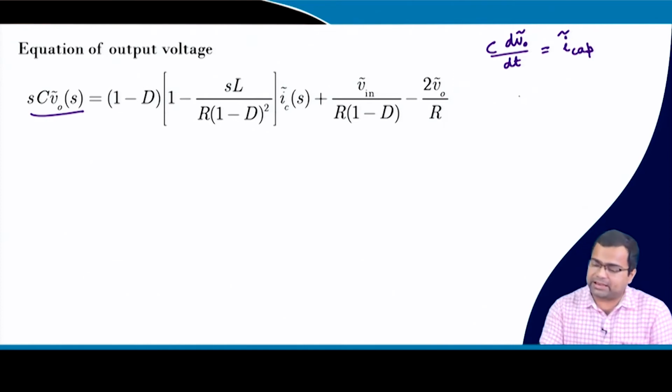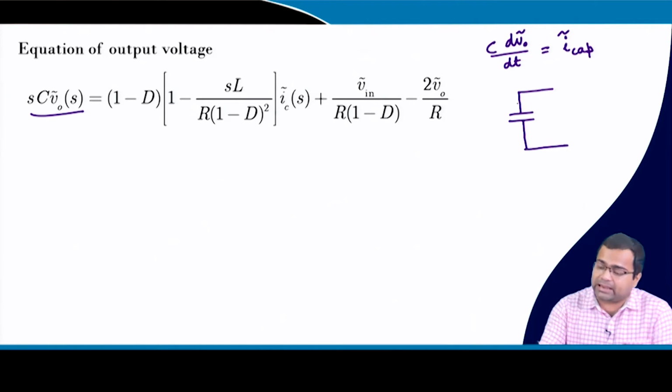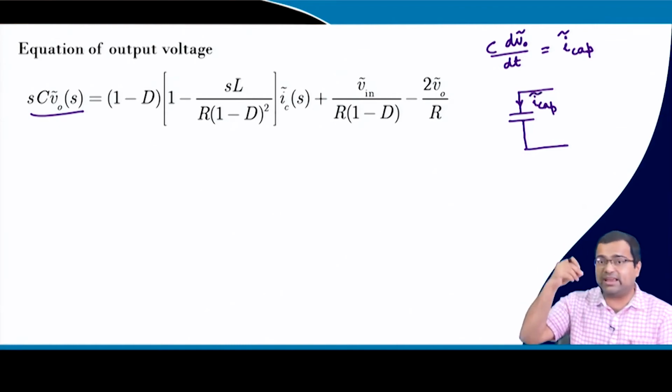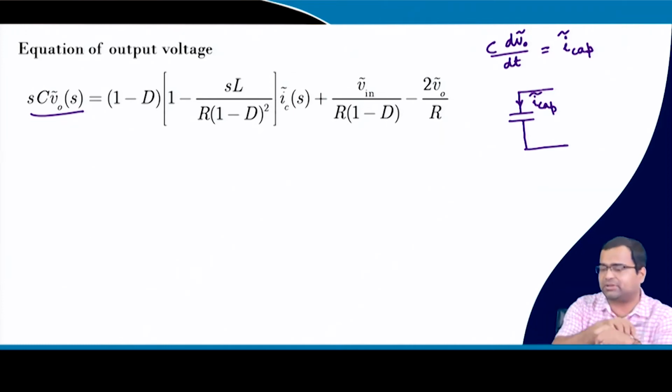If we recall the capacitor current of a buck converter or any DC-DC converter, how many components does it have? I am taking the capacitor current to be positive when it is going in, because we need to give a symbol and sign to the direction of the current.